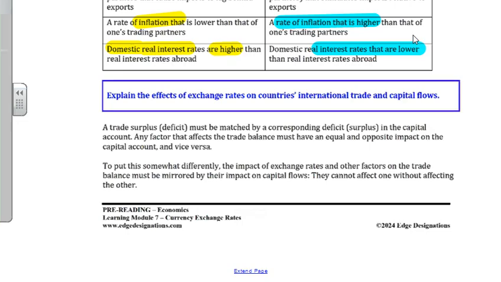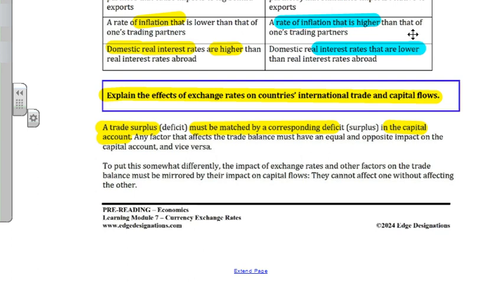Okay, we move on. Explain the effects of exchange rates on countries' international trade and capital flows. A trade surplus, let's talk about the surplus first, is obviously matched with a corresponding deficit in the capital account. We spoke about this when we spoke about the balance of payments, particularly surrounding the current account and the capital account.